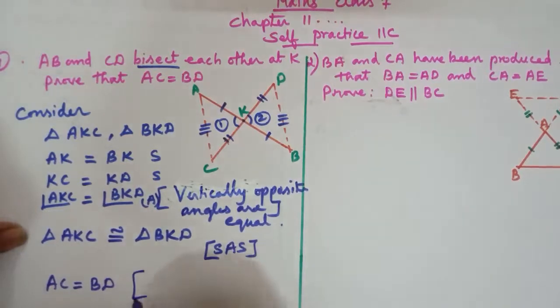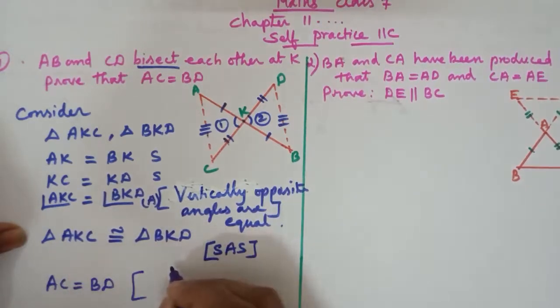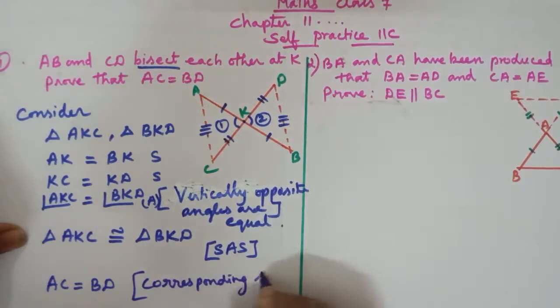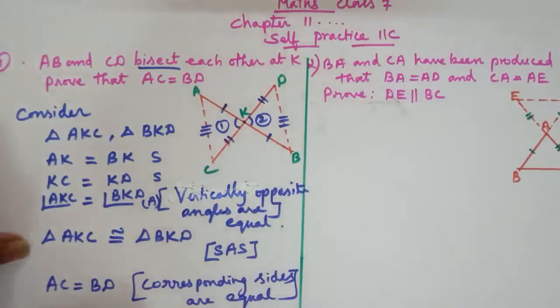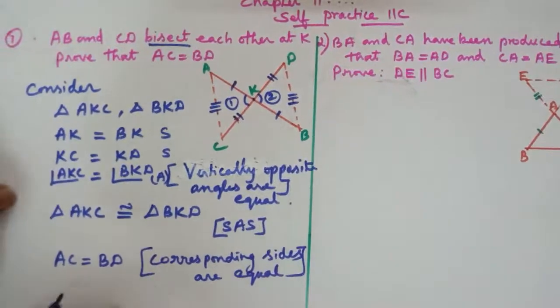How? Corresponding sides are equal because these two triangles are congruent. That's why I have written AC is equal to BD. Hence we proved.